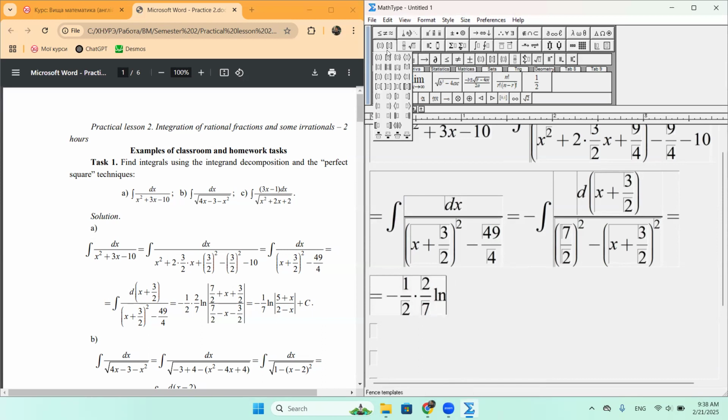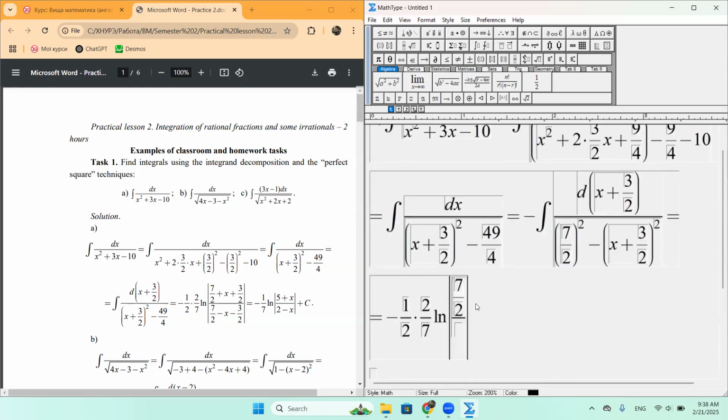So logarithm: 7 over 2 plus this expression, and 7 over 2 minus x minus 3 over 2.